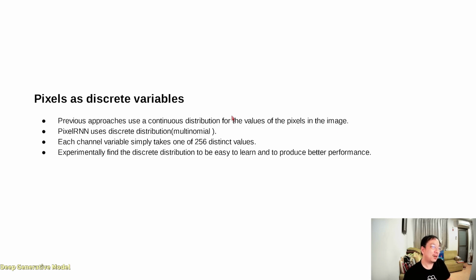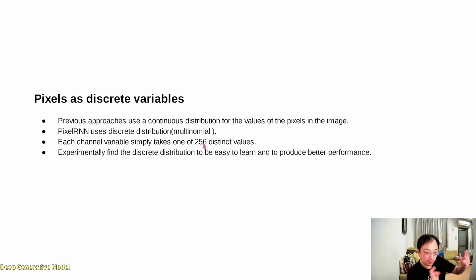However, this paper says that it discovered that using a discrete distribution is better and easier to learn. It treats the 256 distinct intensities of a channel as 256 discrete tokens, discrete values.